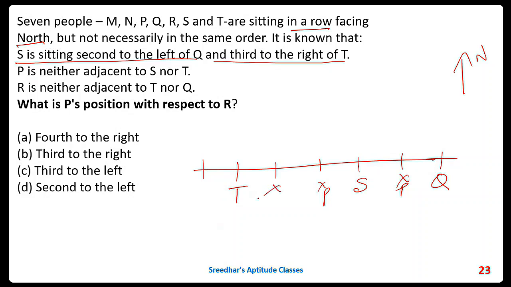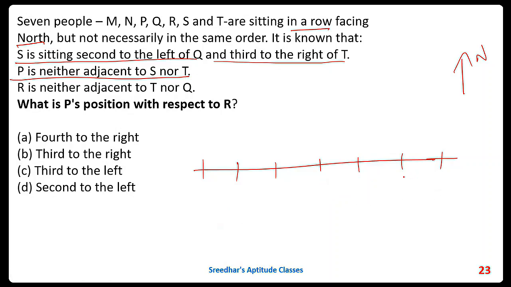Nor next to T. So that means if I take these places, I am not getting a place for P. If I take Q at the extreme end, to satisfy the second statement, as P should not be a neighbor to S as well as T, there is no other place left for P. So that means whatever I have taken for Q is wrong.